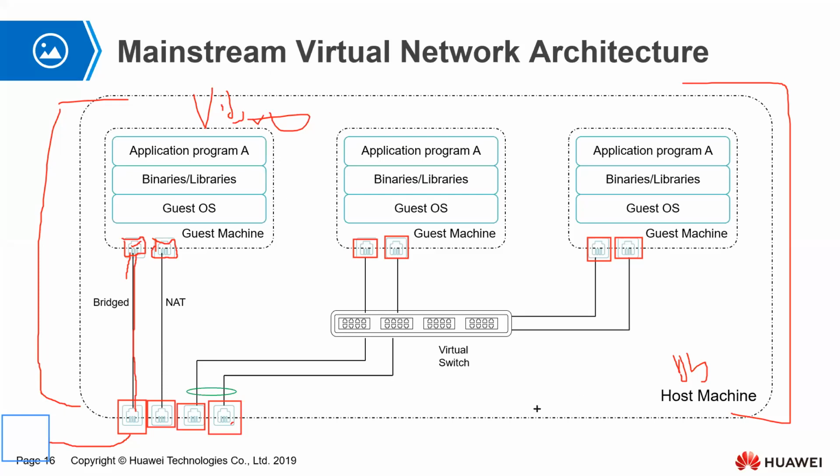Okay. And now we are saying also, apart from the bridged mode, a virtual machine can still access the entire network or the physical network through the network address translation mode, through NAT.